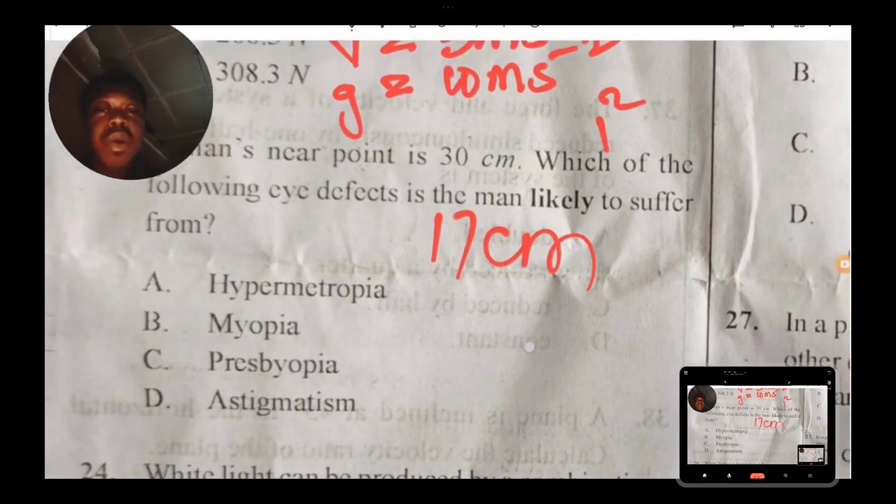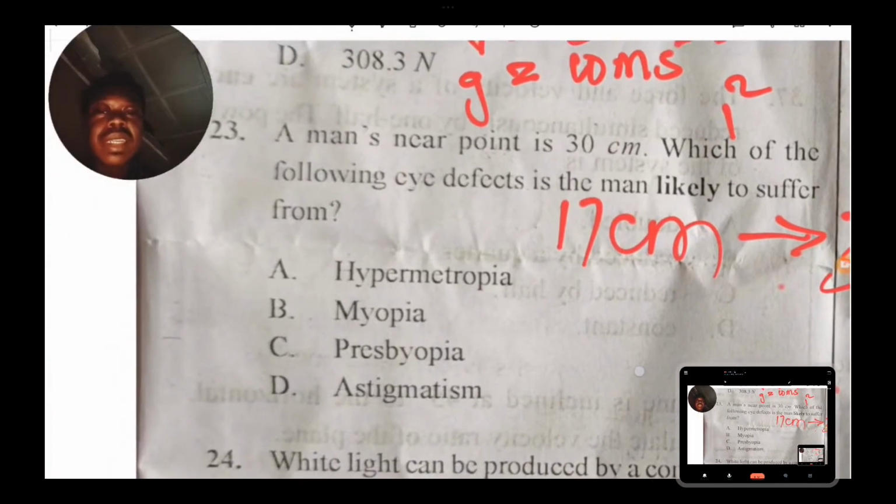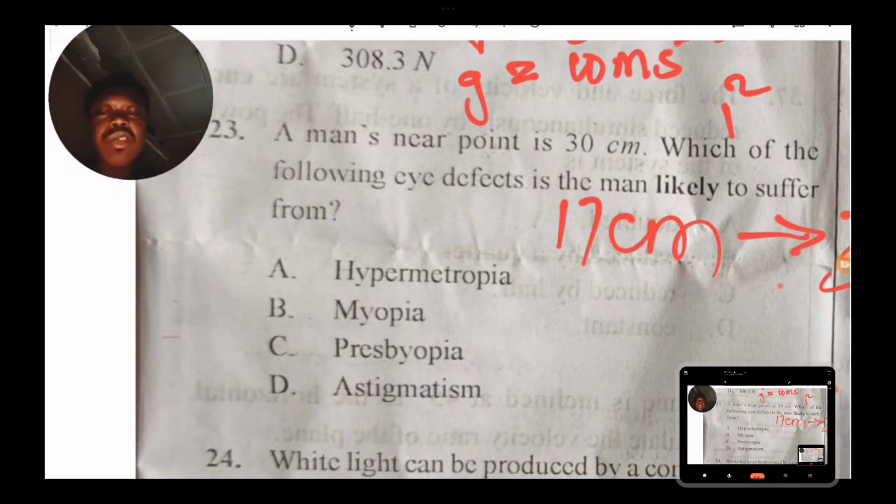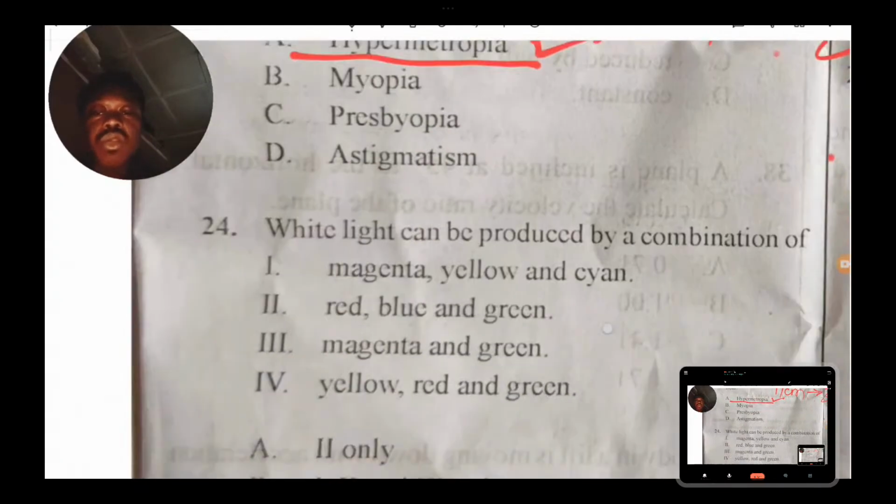So if you observe, this person's near point is greater than 17. It is 30 cm. So the man is likely to suffer from what? Hypermetropia. Hyper because it is beyond the normal near point for a normal human being. And it indicates long-sightedness. Take note of this particular question and answer.